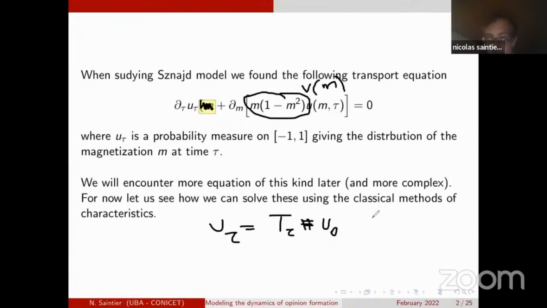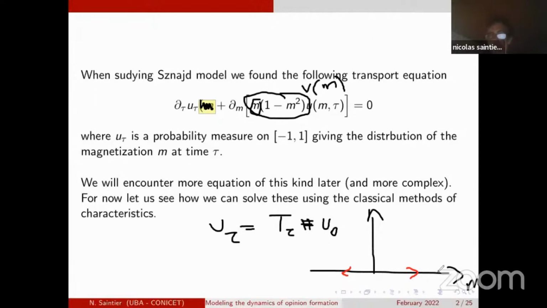And to understand qualitatively the dynamic, you just have to understand how the trajectories of V behave. And this is easy because, to know the trajectories of V, you just have to look at the sign of V because we are in 1D. And the sign of V is given by this M here, meaning that if we are where M is positive, V goes to the right, and so the trajectories are going to the right. And if we are on the negative side, we are going to the left, right?